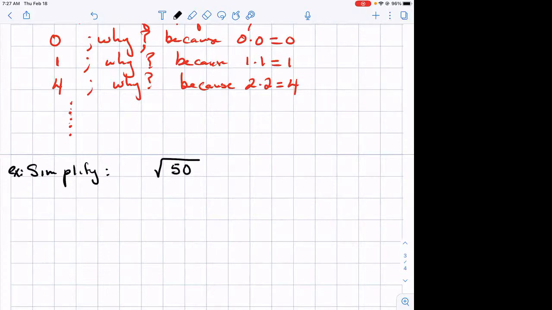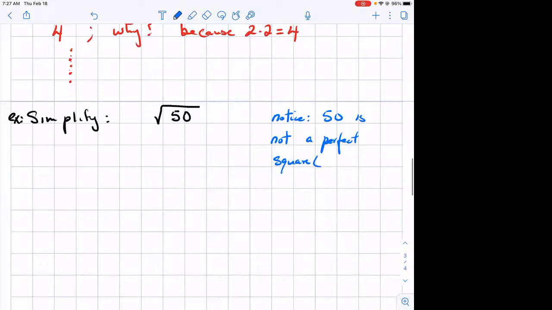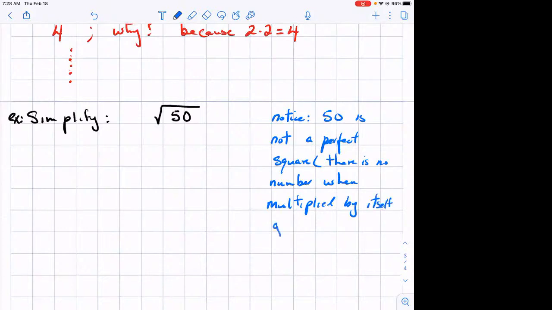Well, you want to make sure you notice 50 is not a perfect square, meaning there is no number that when multiplied by itself gives 50.